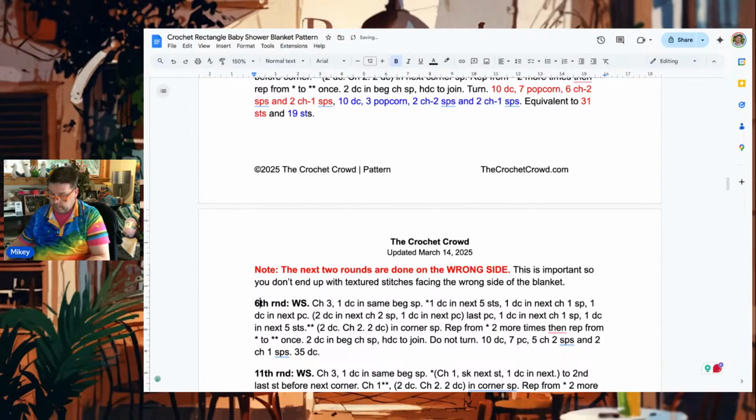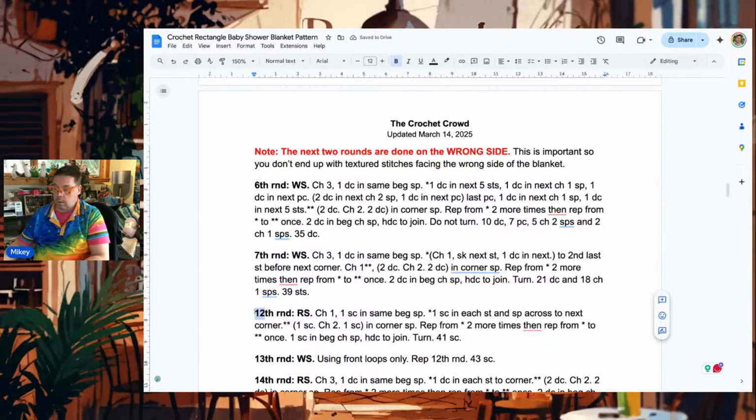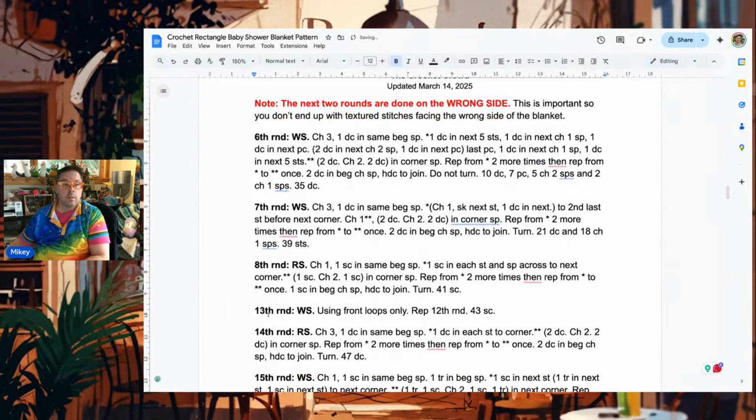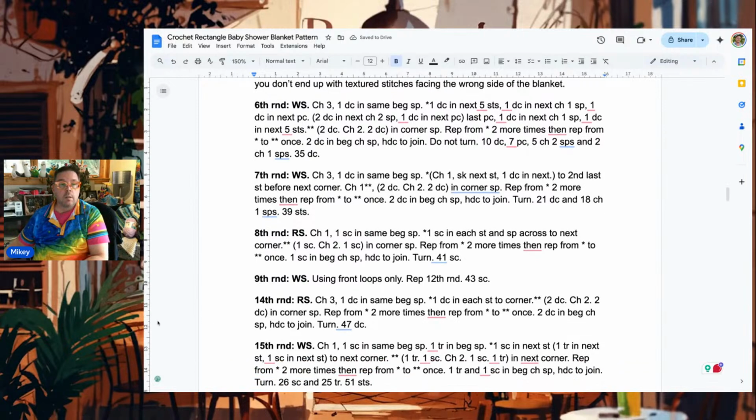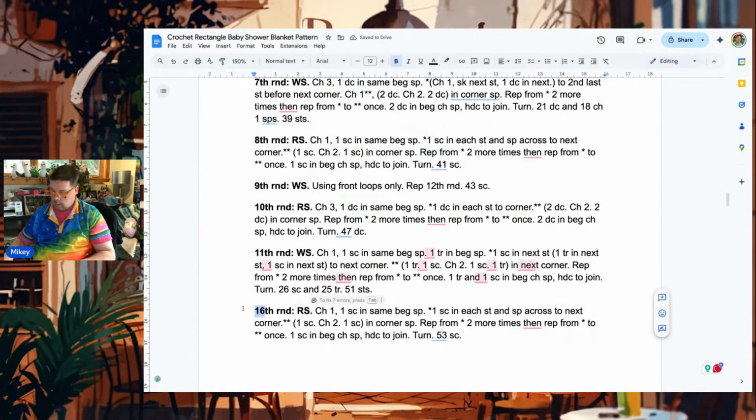6th, 7th, 8th, 9th, 10th, the 11th, and the 12th round.